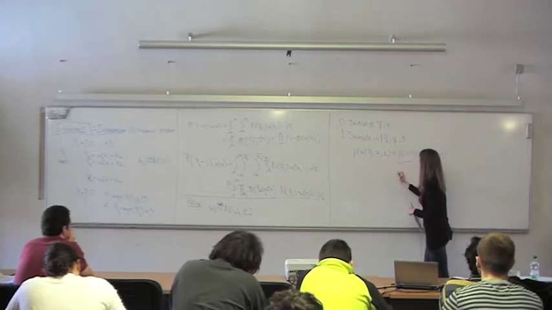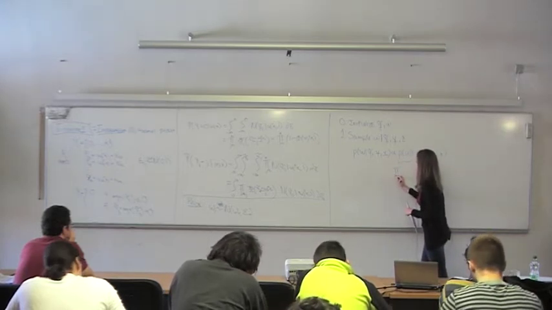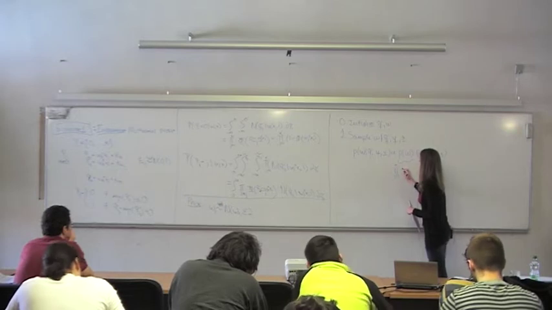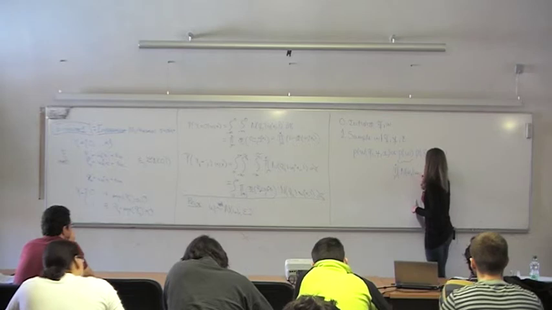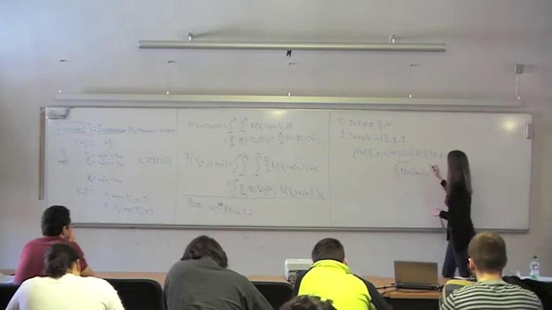So this here is the product from j equal 1 to k, normal w_j, w_0, sigma_0.